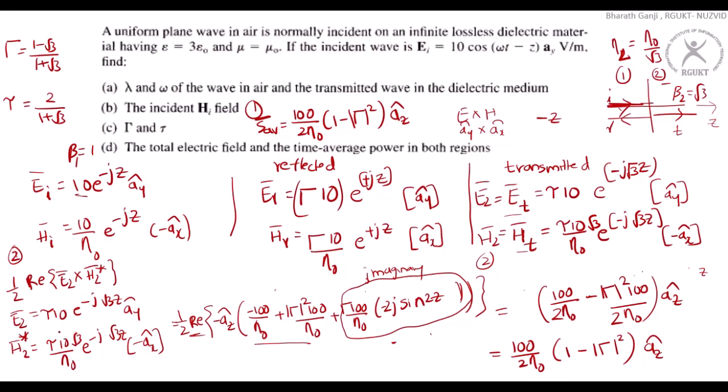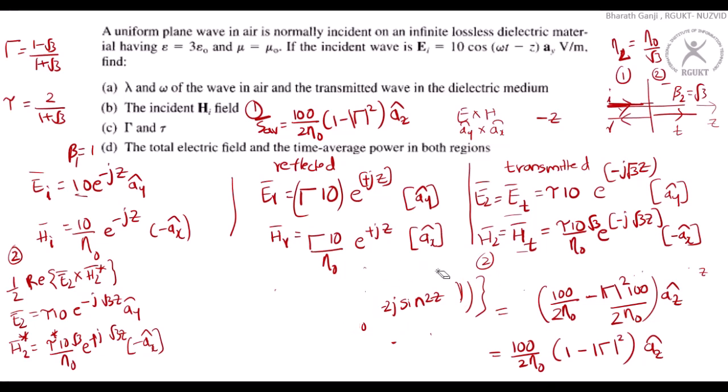If I take conjugate, you get transmission coefficient conjugate, and e power minus becomes plus. Now if I want the cross product between this magnetic field and the conjugate of it, what do I get?